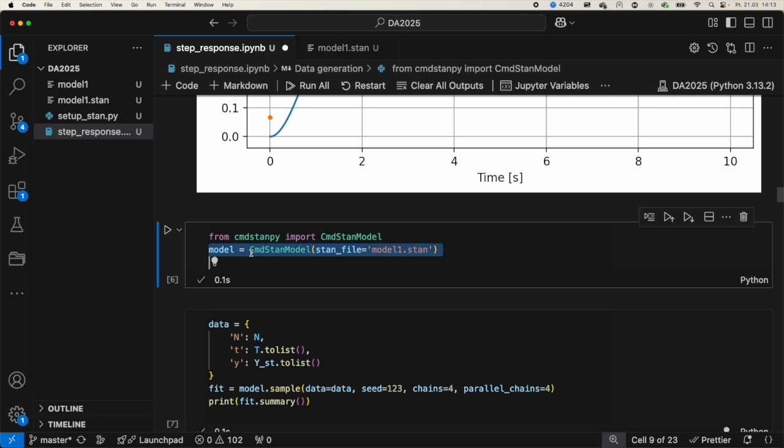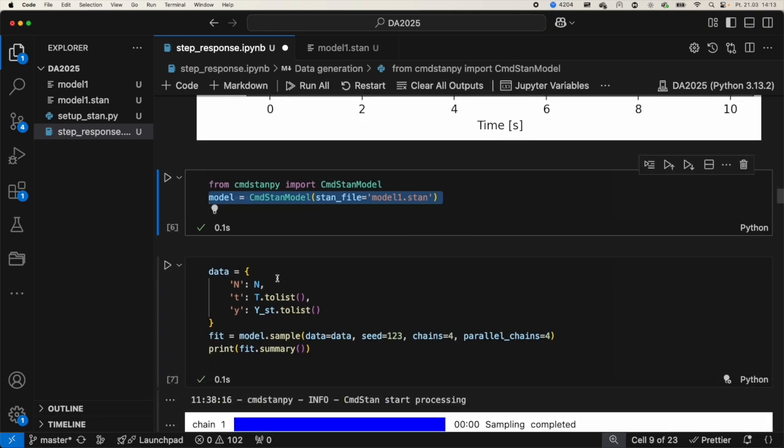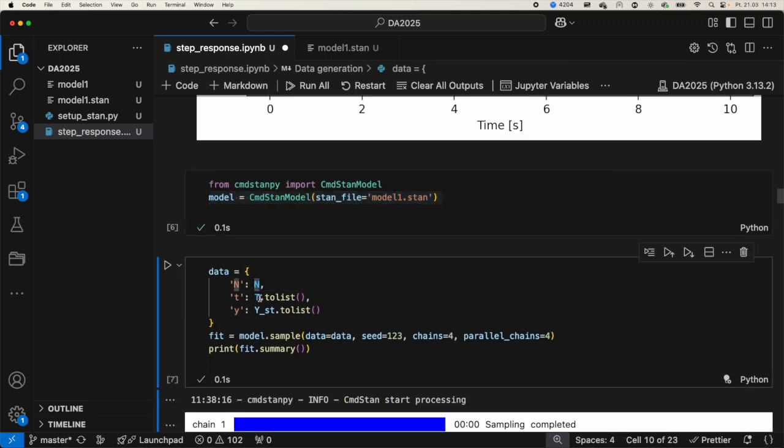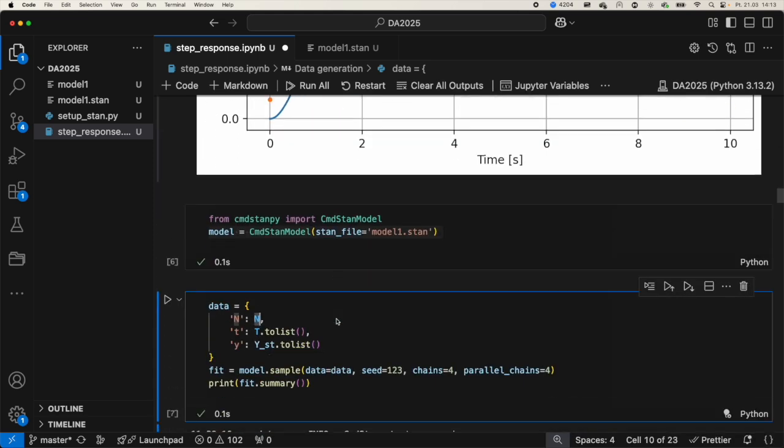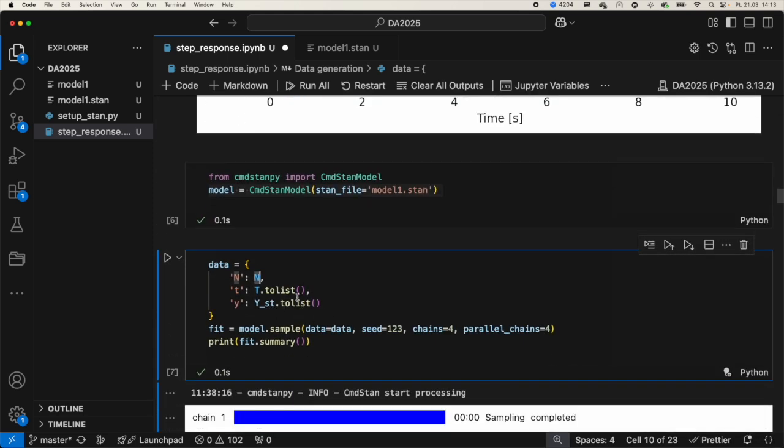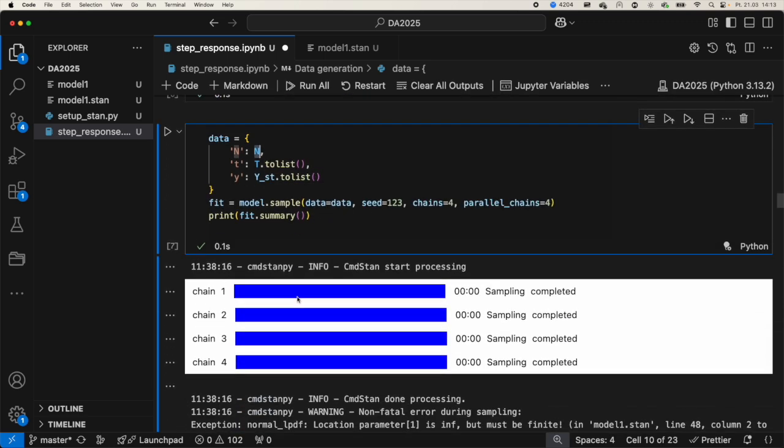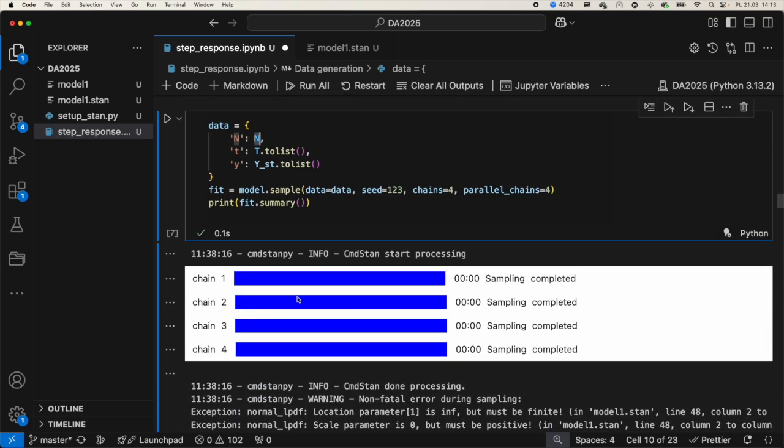Let's come back to our actual model. We are providing the data: n samples, time instances, and data from the step response. We perform sampling. I will run it again in a moment just so you can see, but first I'm showing you a situation where we have a relatively large amount of data.